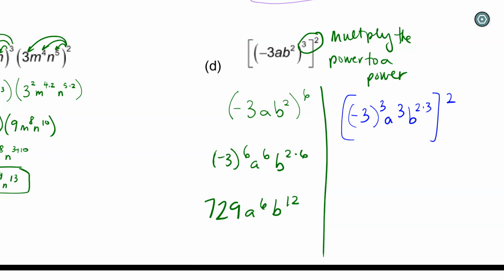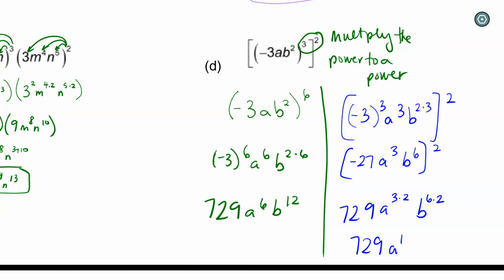Because you should get the same thing. So negative 27, a cubed, b to the 6 squared. Negative 27 squared is 729 times a to 3 times 2 times b to the 6 times 2. So it turns out you get the exact same answer.